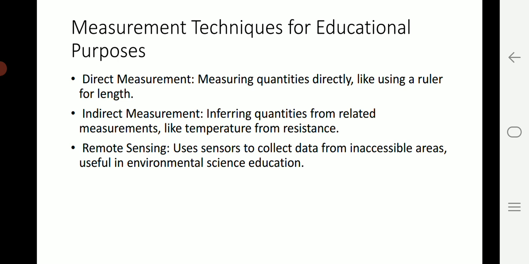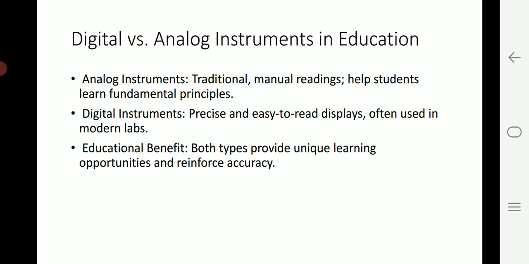It's not applicable for direct or indirect. So to reduce time complexity and manpower, we use remote sensing. This is also one type of indirect measurement.